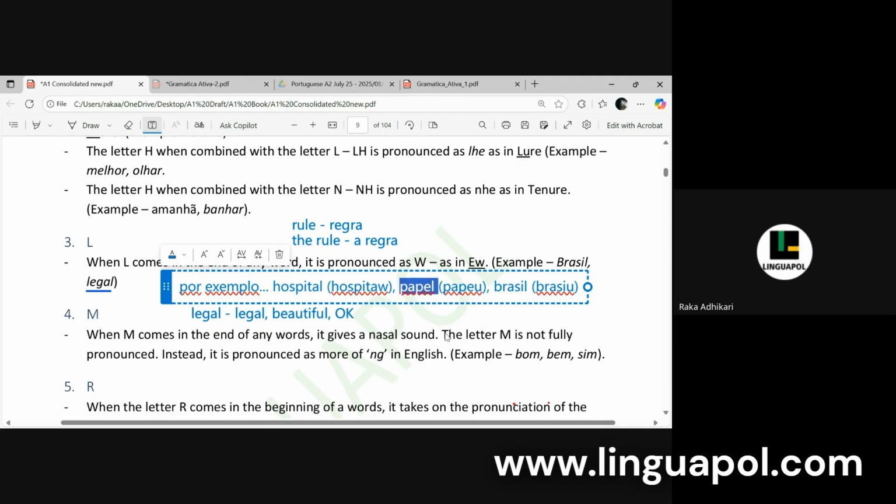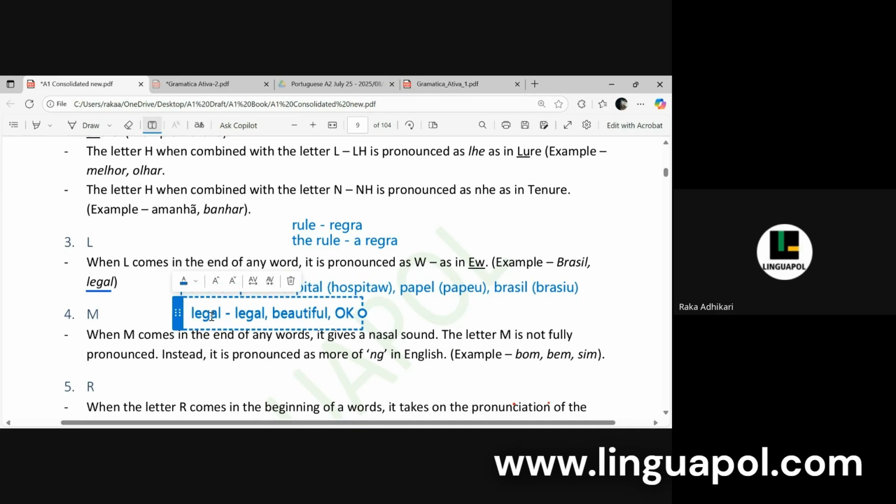Papel: the end sounds like a U in Brazilian, but in European, this is papel. Then we have Brasil in Brazilian Portuguese, whereas in European, we say Brasil. Lastly, this one is legal in Brazilian, but in European, it is legal.